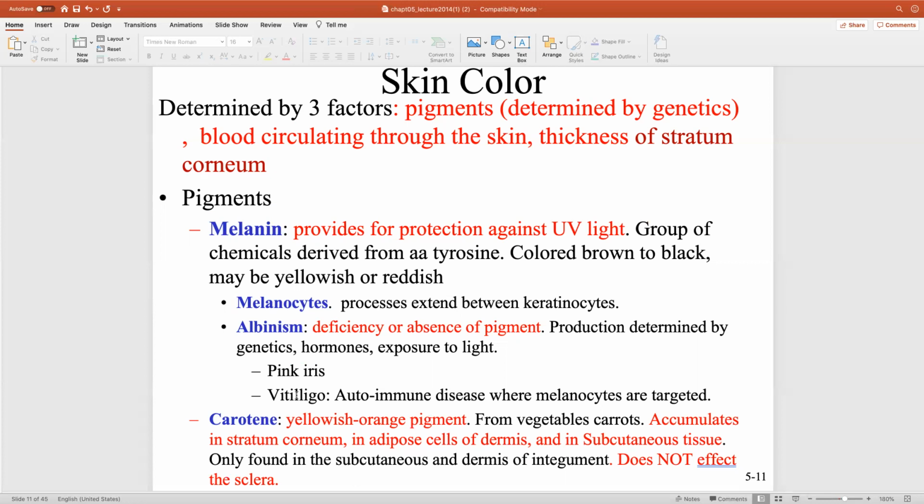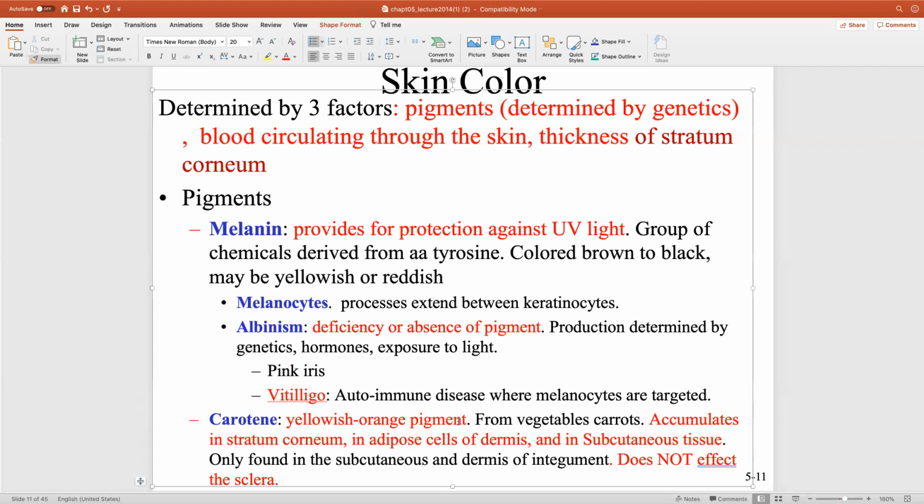Now, someone that's truly an albino is born with the actual traits. But there are people that have something called vitiligo. Vitiligo is an autoimmune disease. And as an autoimmune disease, the melanocytes are killed off by our body's own antibodies.